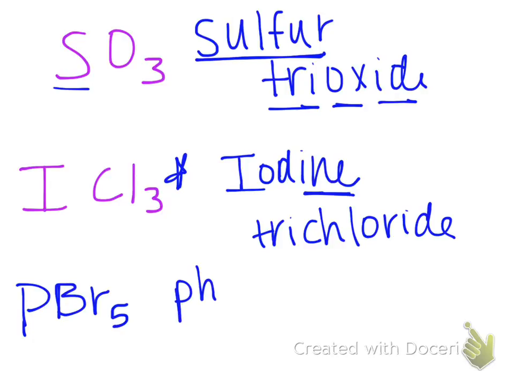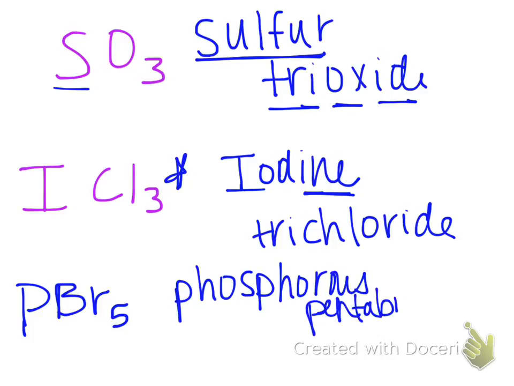Phosphorus pentabromide. Perfect. It's not phosphide pentabromide, it's phosphorus pentabromide. So that first element gets to keep its name, unless there's more than one of them.